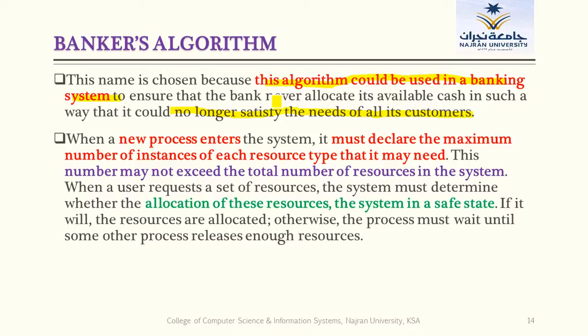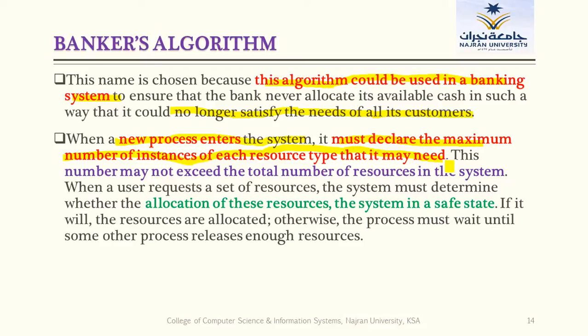They are not allocating cash in a way that fails to satisfy the needs of all the customers. So in Banker's algorithm, the technique is that whenever a new process enters the system, it must declare the maximum number of instances of each resource type that it may need.